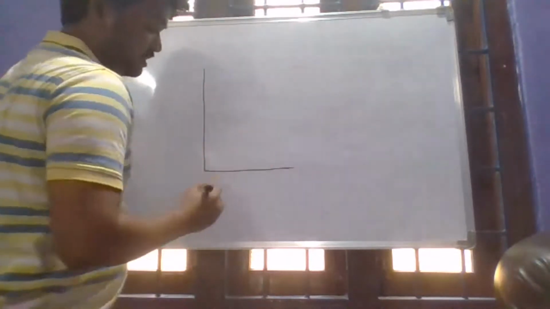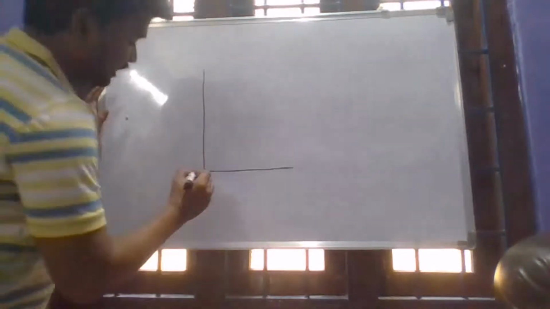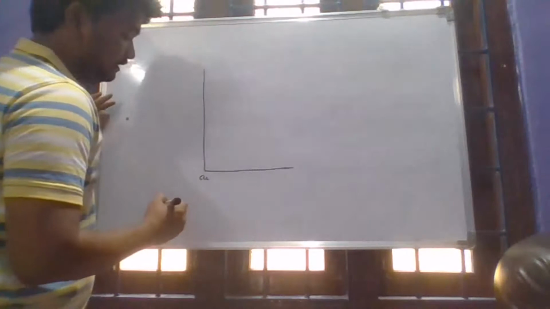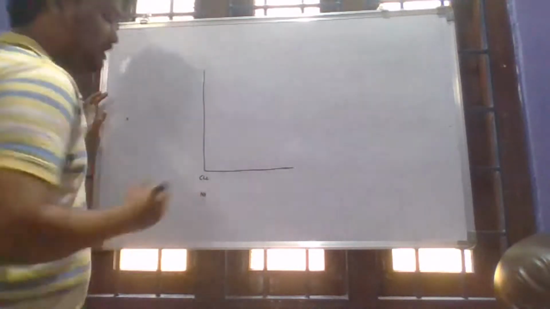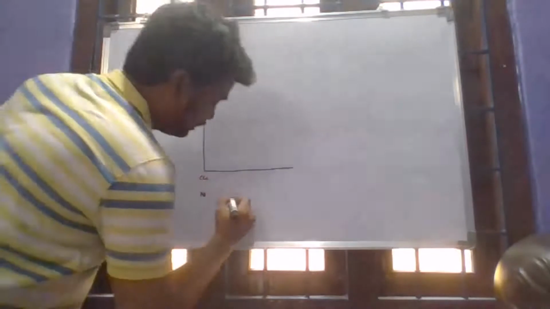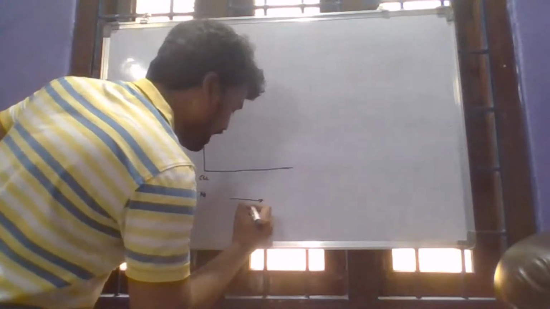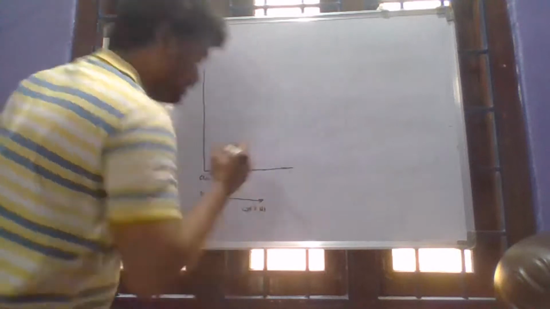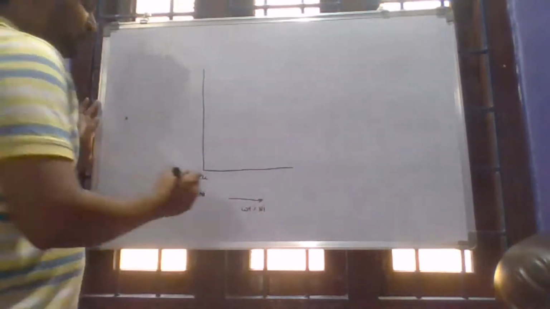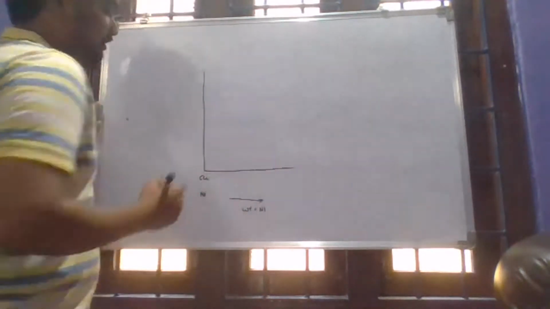binary phase diagram, especially, we will take copper as metal A and nickel as metal B. On the x-axis we have weight percentage of nickel from 0 to 100.